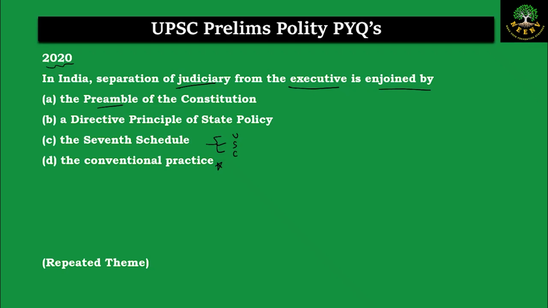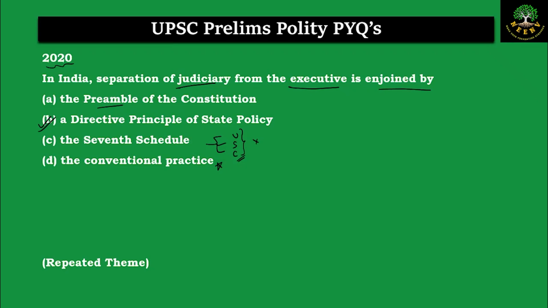Is it in the preamble, the DPSPs, the 7th schedule, or is it due to a conventional practice? It is not in the preamble, it is in the DPSPs, and it is also not in the 7th schedule because we know it is the lists which are there, and definitely it is not a conventional practice. So the correct answer for this question is DPSPs.